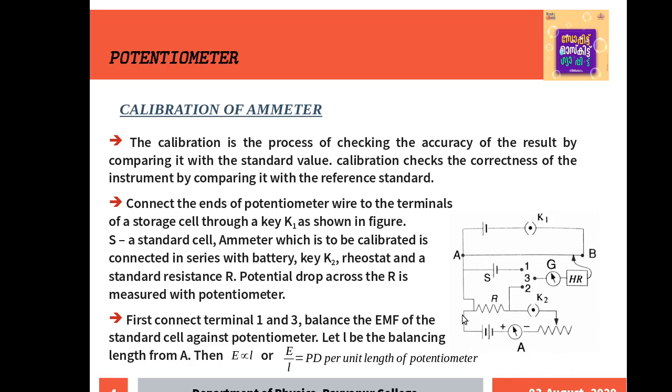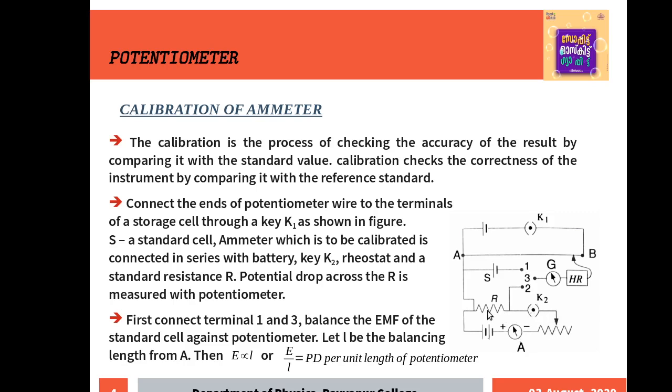Now you see the other section. This is the connection which we use to calibrate the ammeter. Here you can see that the ammeter is connected to a battery, and from the positive of the battery it is connected to A. Here also one resistance and one key are there, and another rheostat.